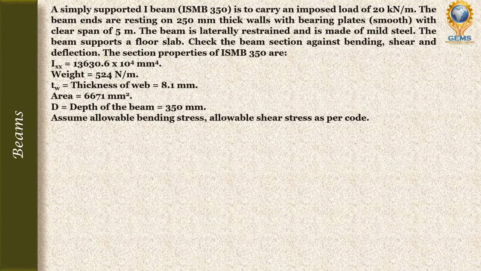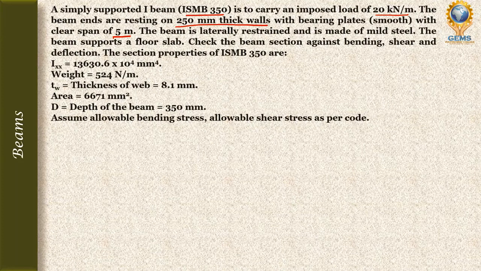A simply supported I-beam ISMB 350 is to carry an imposed load of 20 kilonewton per meter. The beam ends are resting on 250 thick walls with bearing plate with a clear span of 5 meter.